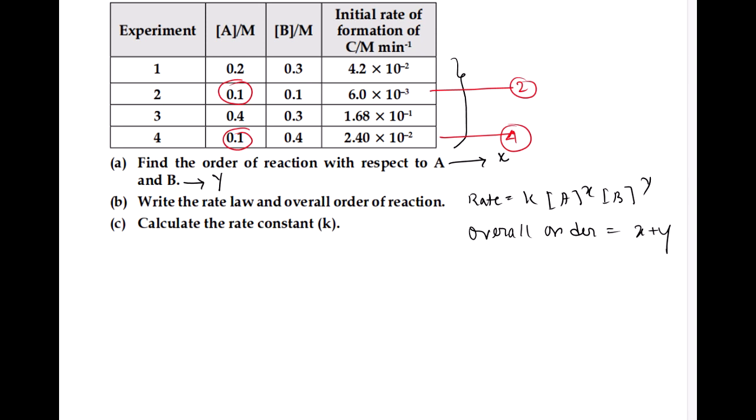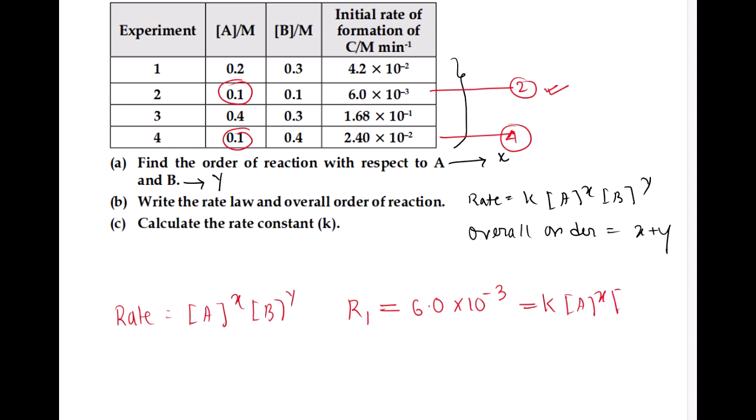If we write the rate law this way, rate equals k A to the power X, B to the power Y. Suppose rate R1, the rate corresponding to equation 1, is 6.0 into 10 to the power minus 3. That will be equal to the rate constant times A to the power X and B to the power Y. Here A is given as 0.1 and B is also given as 0.1.